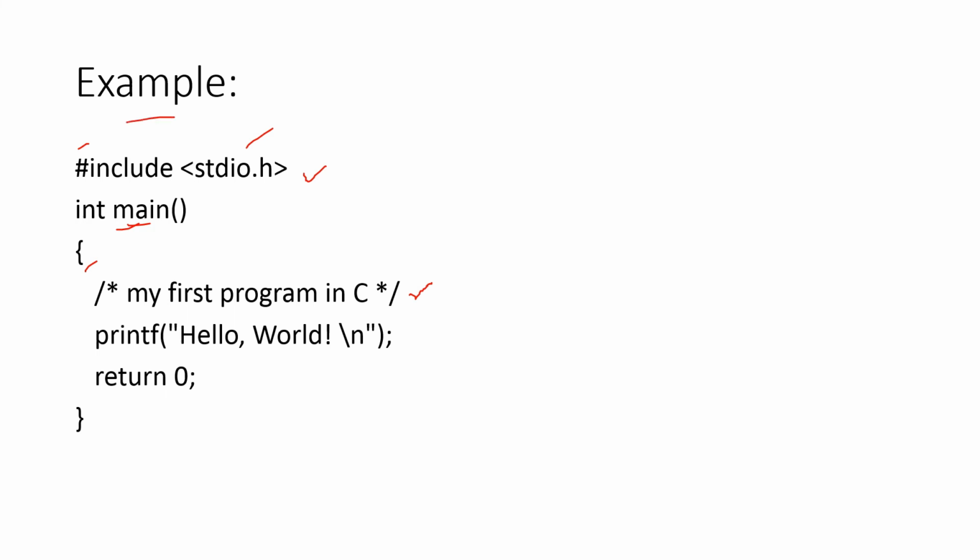Suppose you want to explain a particular statement, you can write here slash star, then the statement, prints the word hello, and then close it. Here, this is my first program in C, that is a documentation, and then it is just printing printf hello world, and then return 0 and close the bracket. This is the example.